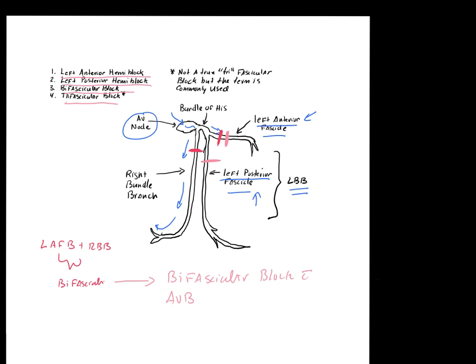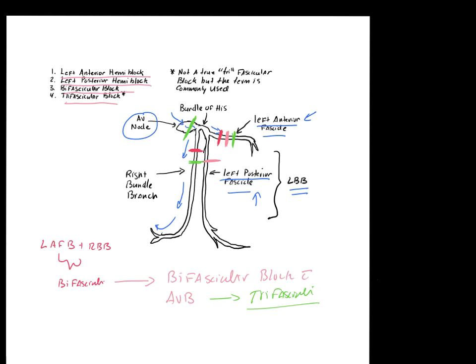So if I have, select a different color, we'll go green here. If I have a block or a delay of conduction up here, and a right bundle branch, and a left anterior fascicular hemiblock, okay, that is what we call a trifascicular block. You guys okay with that?